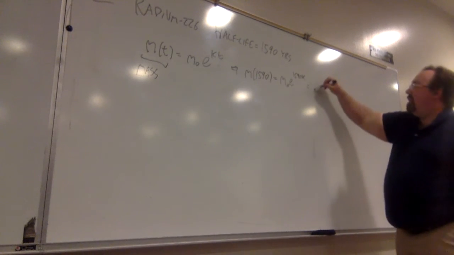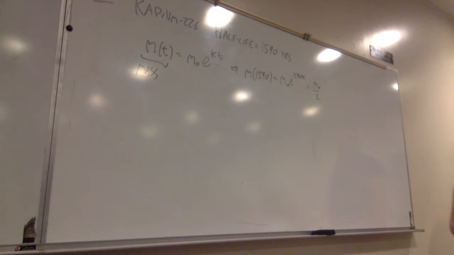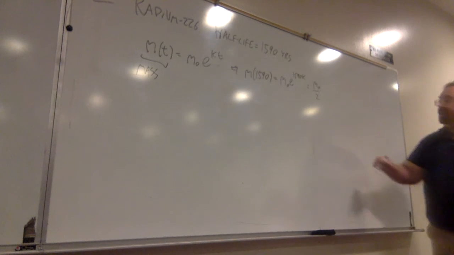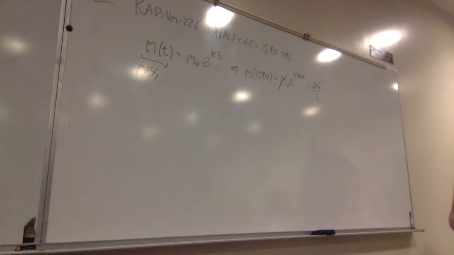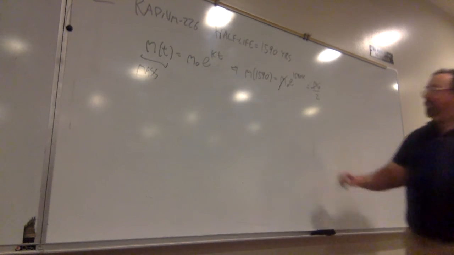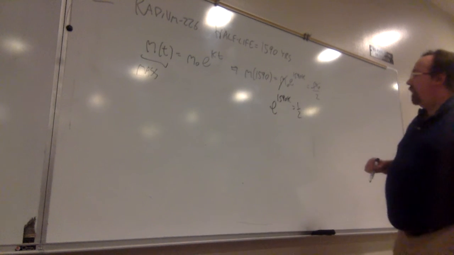So it's going to be M naught over 2, whatever M naught is. So now we can use this to figure out what k is. We're going to cancel the M naughts on both sides. So now we have e to the 1590k is equal to 1/2.